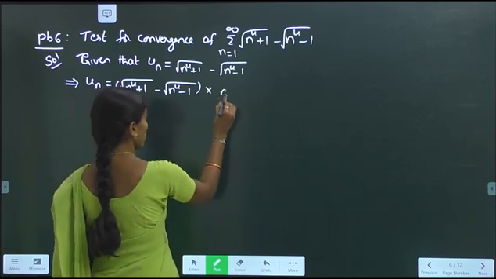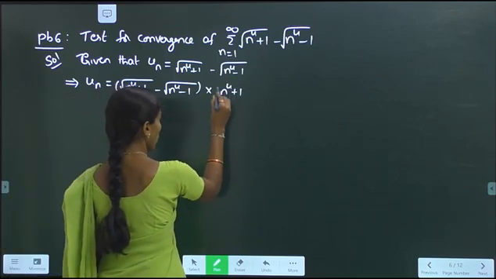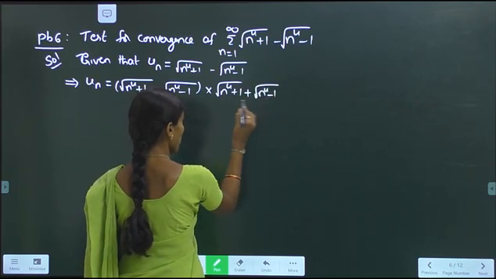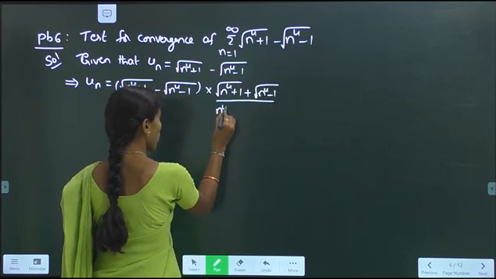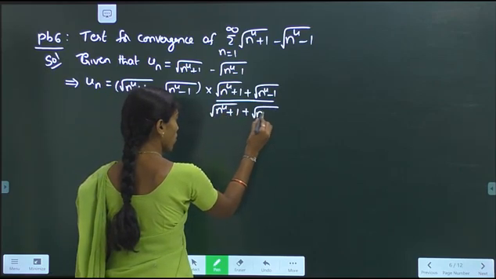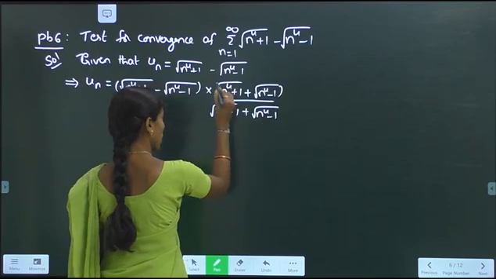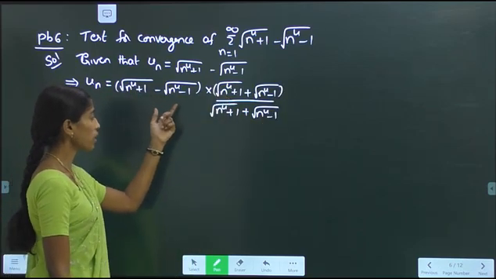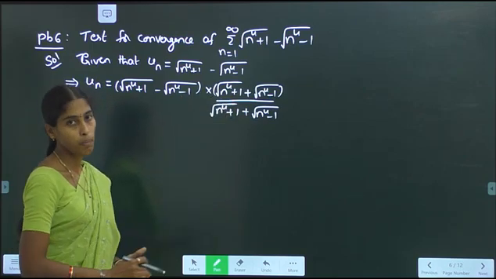So, multiply by square root of n power 4 plus 1 plus square root of n power 4 minus 1, over square root of n to the power 4 plus 1 plus square root of n to the power 4 minus 1. In the numerator, the first one is in the form of a minus b, the second term is in the form of a plus b.